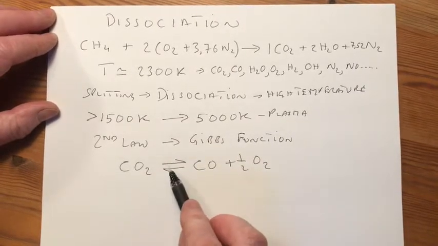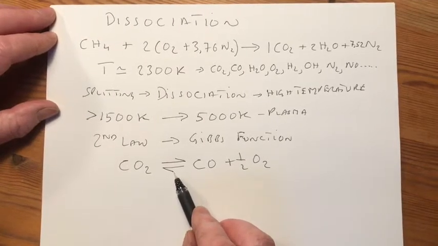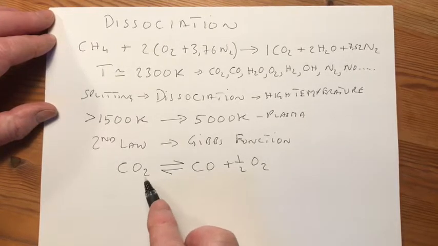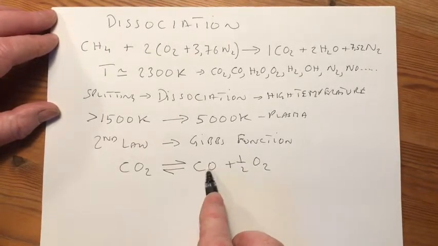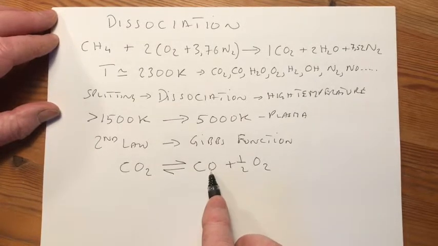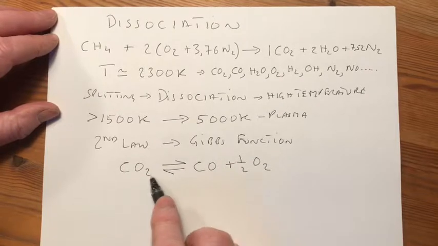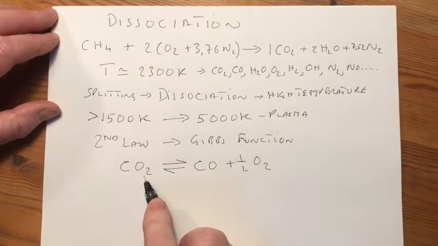Now if you notice here that I have an arrow going forward and an arrow going backwards. There is no international convention on exactly how you write this, but the idea with this one here is that the reaction is going forward like this. So CO2 is splitting into CO and O2. At the same time it's going backwards. So CO is combining with O2 to give you CO2.